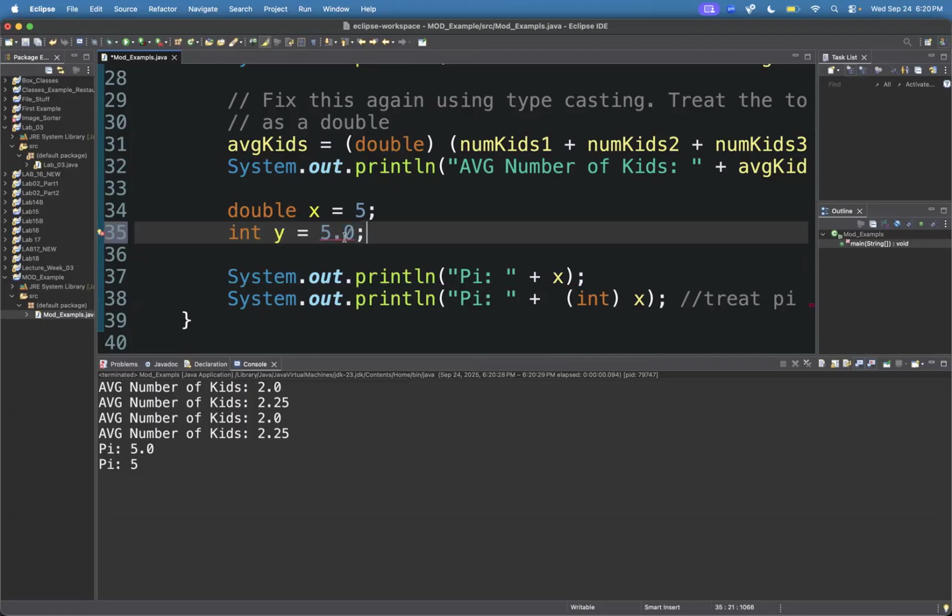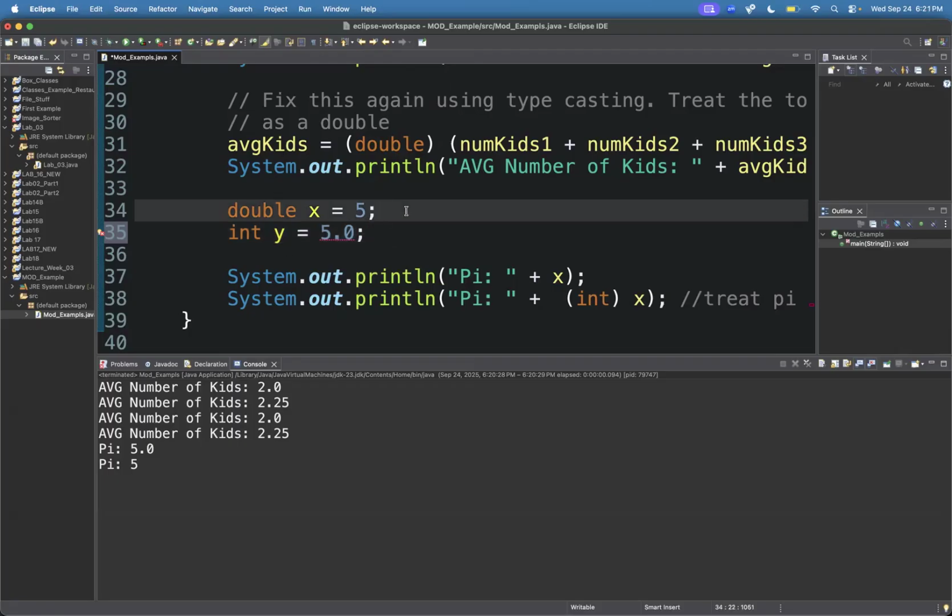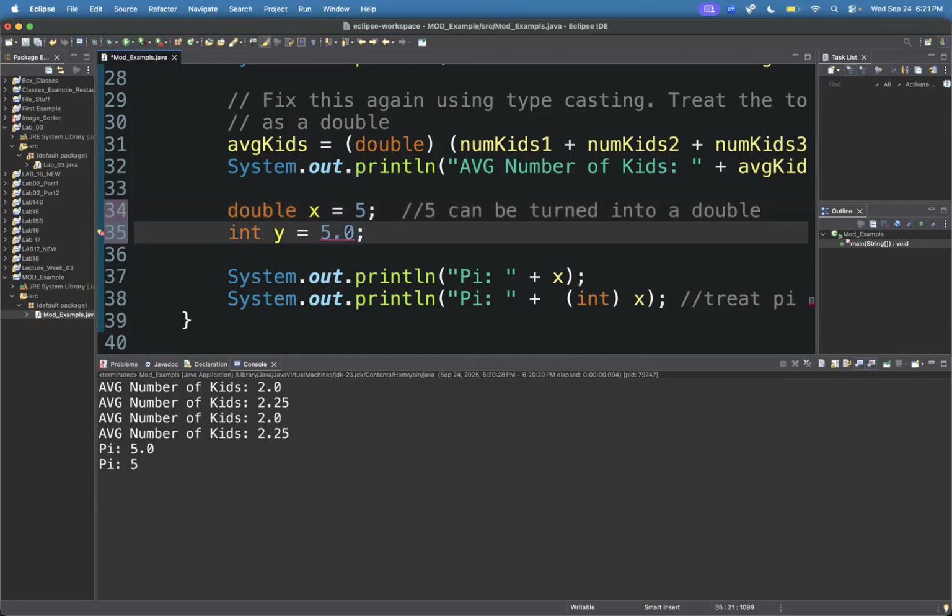Here the right side is a double and the left side is an integer, and you can see that it's complaining already. Whereas on the previous line, the right side is an integer and the left side is a double, the other way around, and there's no issues. So what's happening here is that 5 can be turned into a double basically automatically.